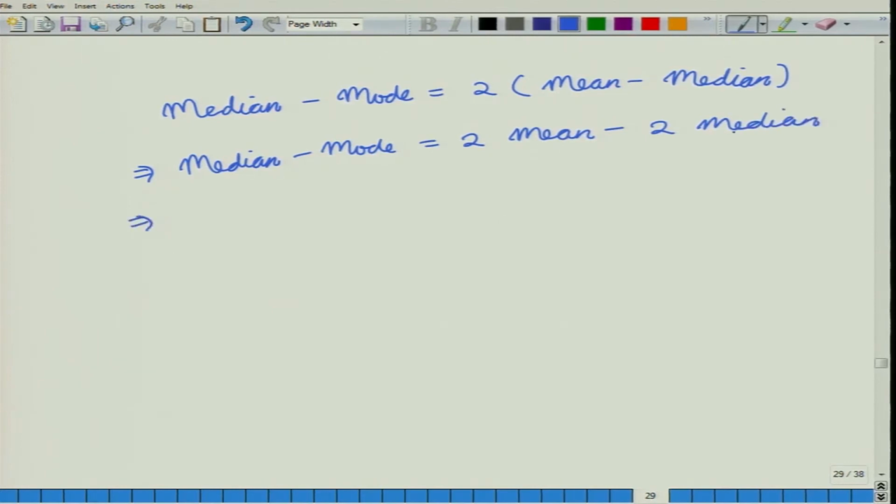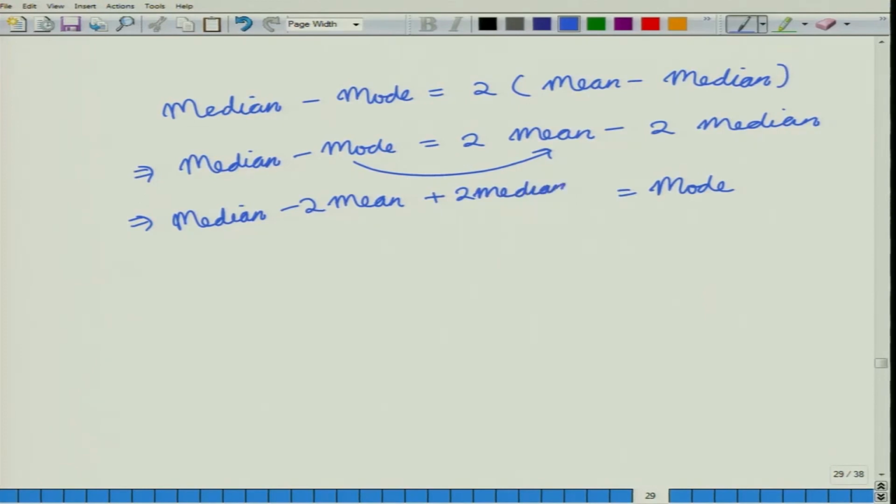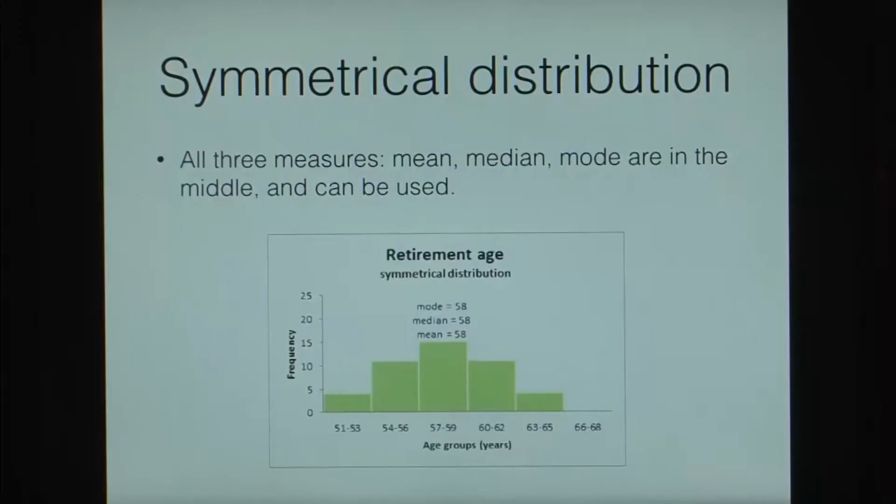So, bringing mode to this side and all the other entries to the other side, we would have mode equals median minus 2 mean plus 2 median, or we could also write it as mode equals 3 median minus 2 mean. Now, this formula is an approximation. So, it may not always be correct. However, it is useful for some cases.